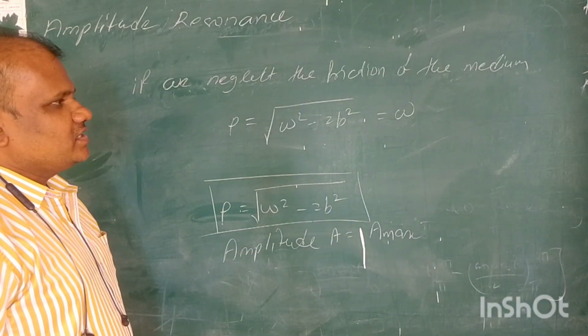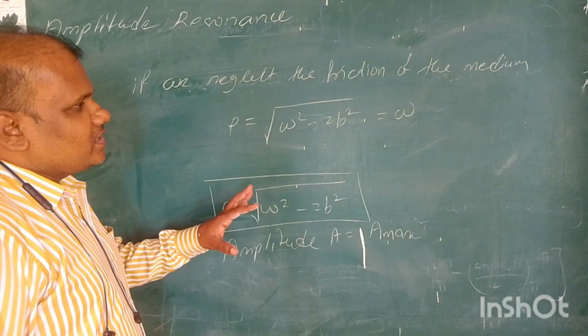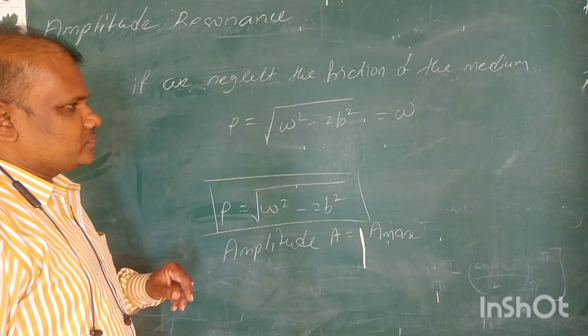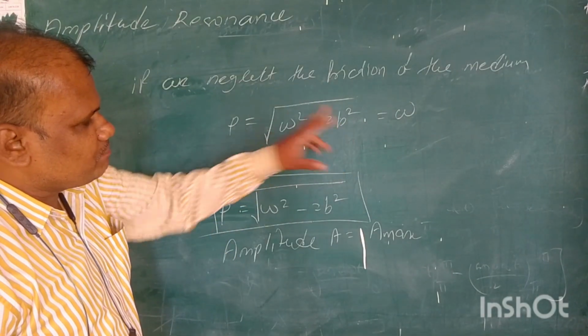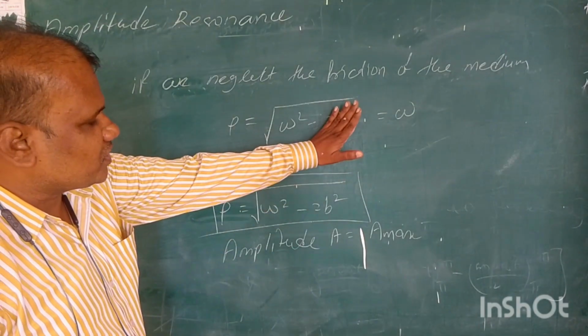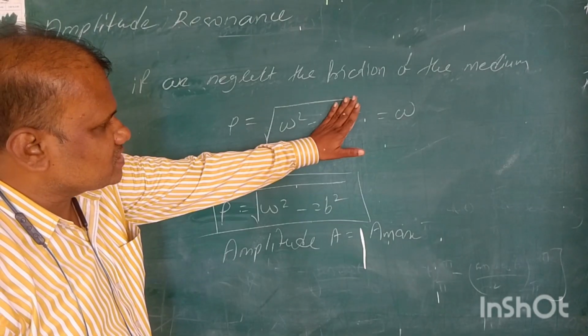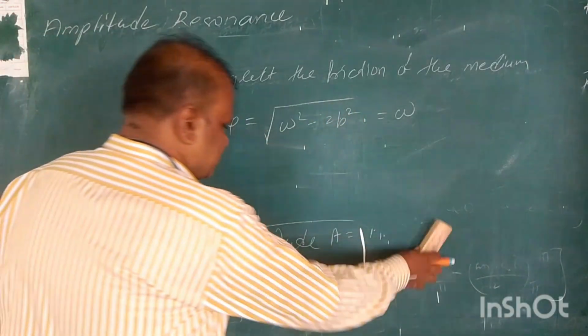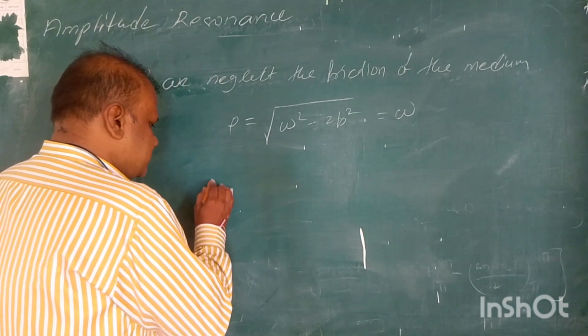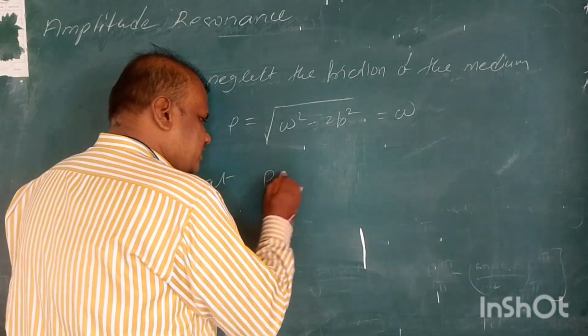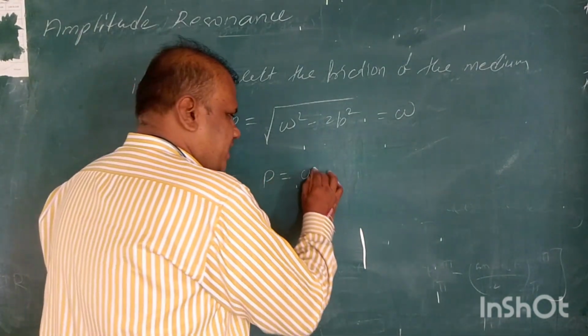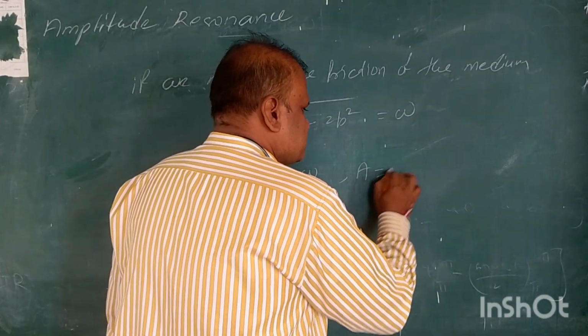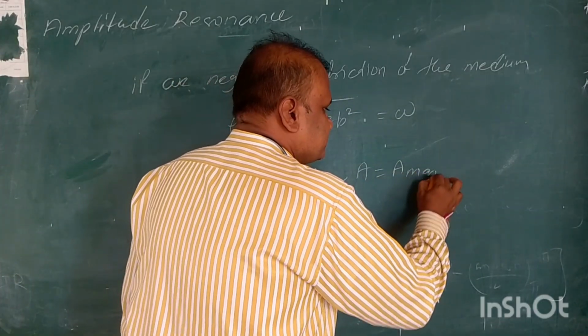Meanwhile, if we neglect the friction offered by the medium, which is carried by the constant b, then you are not going to find 2b square here. So under root of omega square is nothing but omega. Therefore at p equals omega, A becomes the maximum.